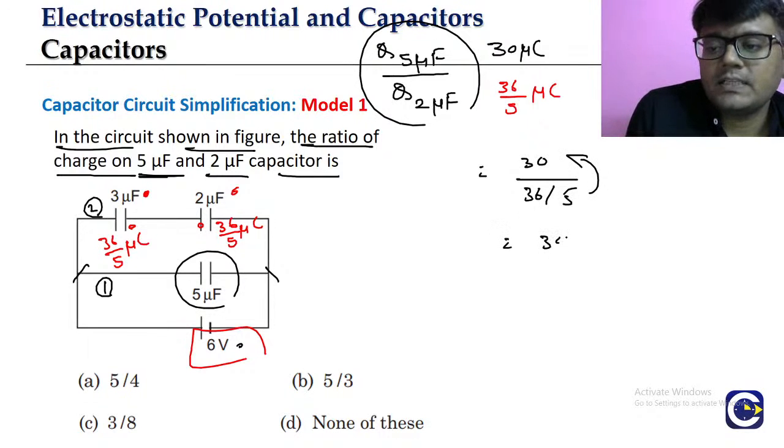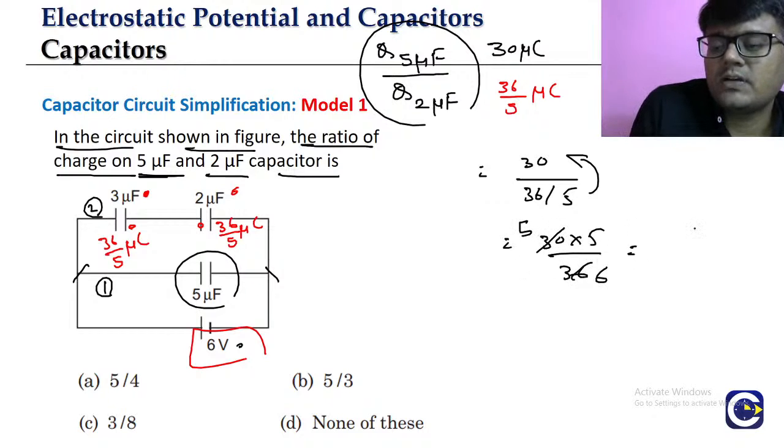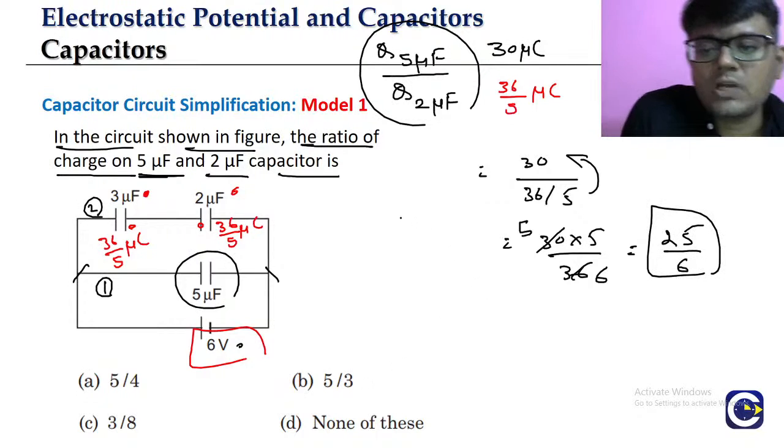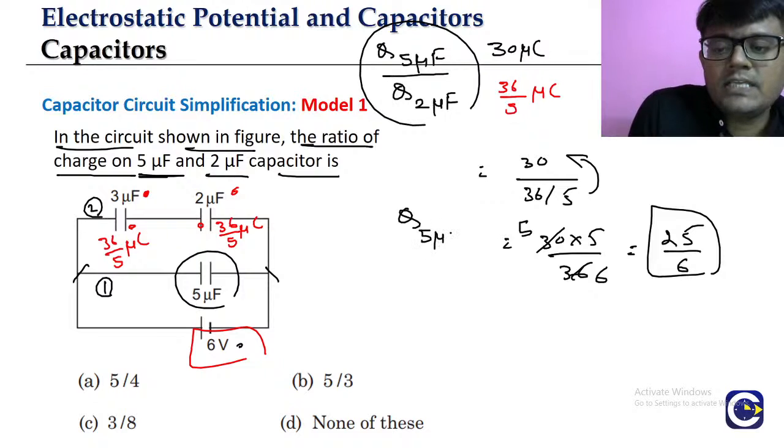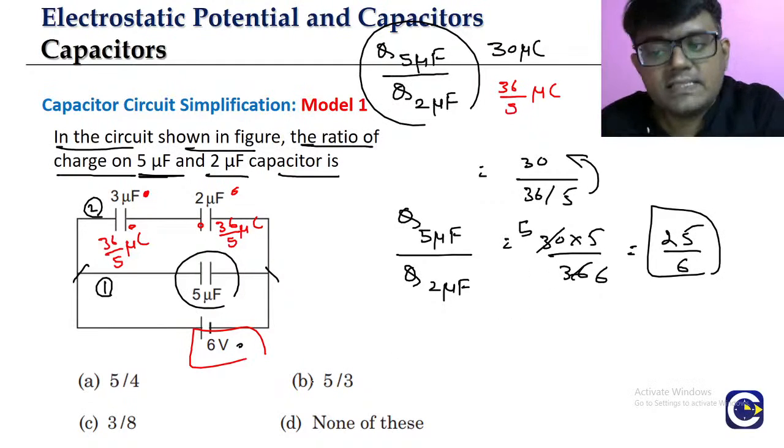So what is it? 30 into 5 by 36. See here, 6 5s are 30, 6 6s are 36. So how much is it? 25 by 6. What is the ratio coming as? Charge on the 5 microfarad is to charge on the 2 microfarad. What is the ratio coming as? 25 by 6. See, how much will it come? 25 by 6, which is what?